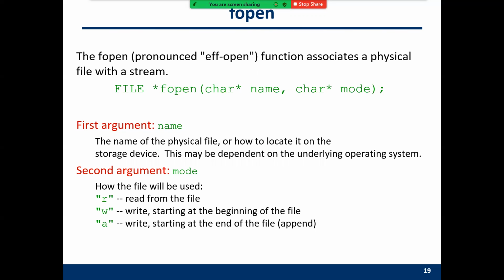Yes. Better the OS, or the runtime of the compiler, or the runtime of the language, for example. If you have Java, then it's JRE. JRE is the Java runtime environment.